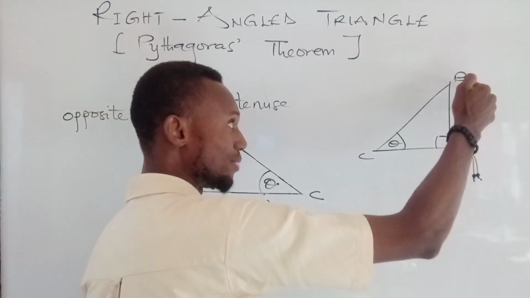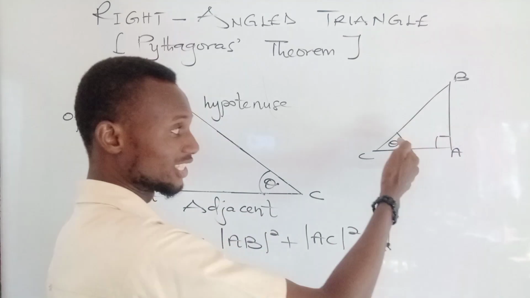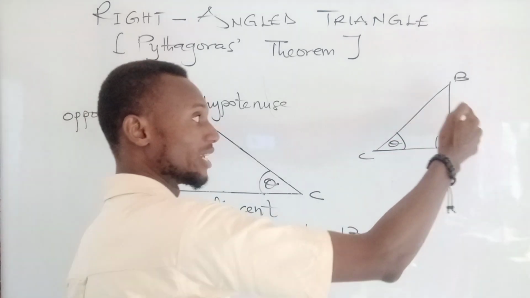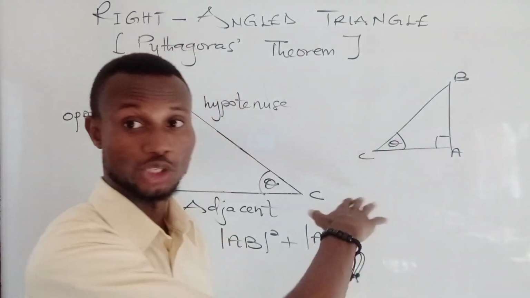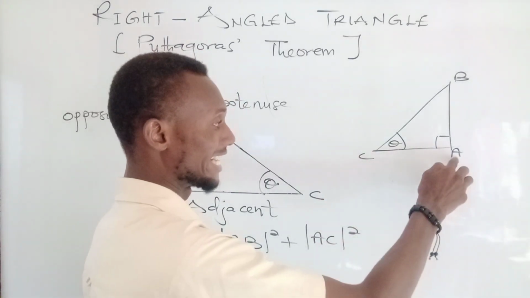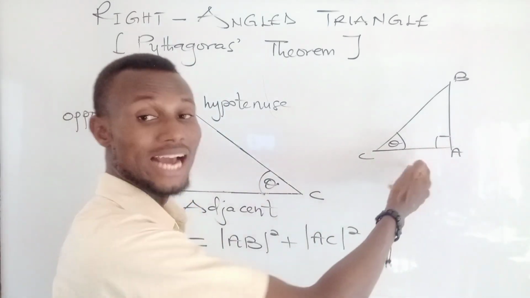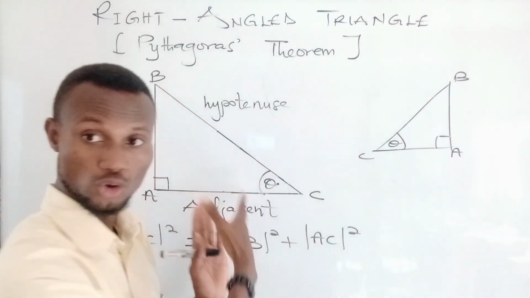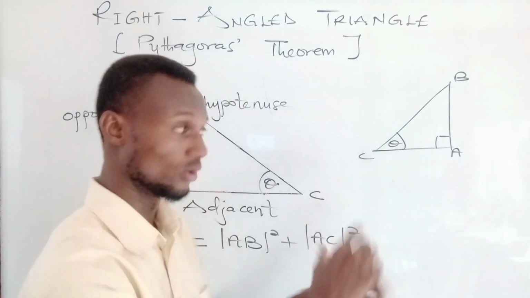The length AB, or BA, which is the same thing, which is opposite to the angle theta here, is the opposite. And the side which is at the base of the triangle, which is line AC or line CA, which is the same thing, is the adjacent. So the same rules apply even when the triangle is turned.